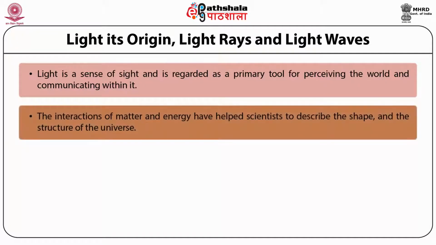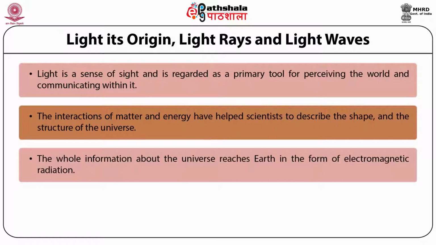The interactions of matter and energy have helped many scientists to describe the shape and structure of the universe. Indeed, light provides a window on the universe from cosmological to atomic scales. The whole information about the universe reaches Earth in the form of electromagnetic radiation.